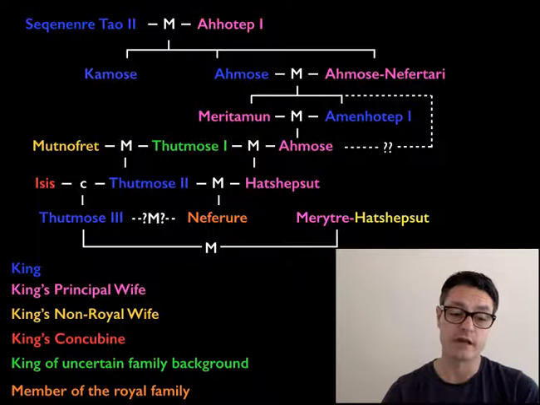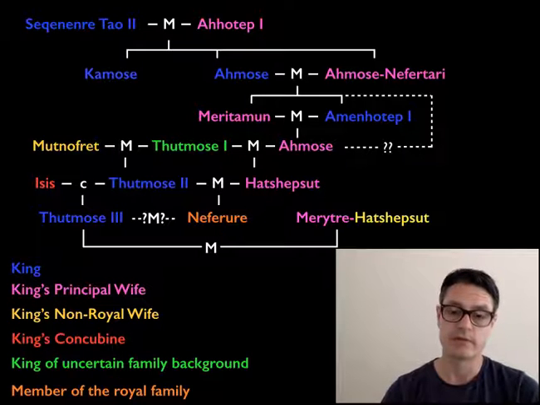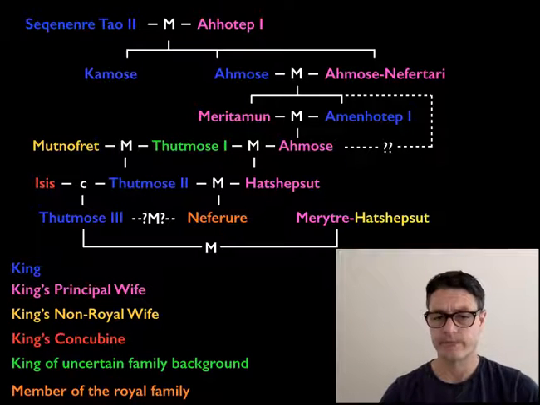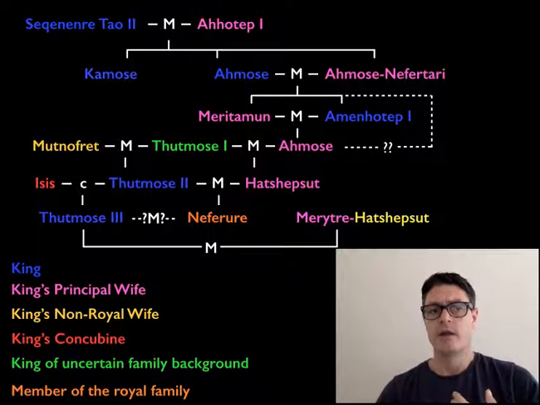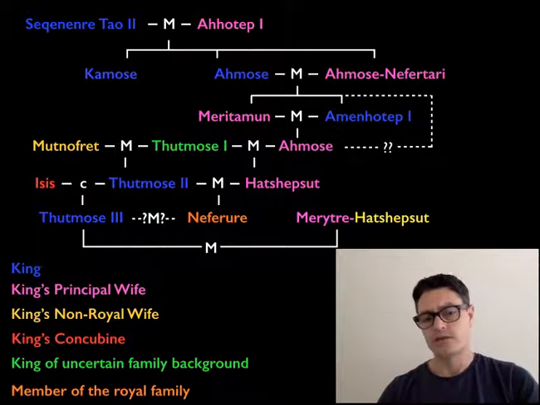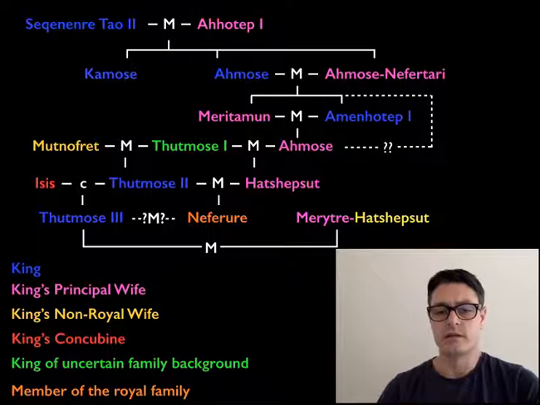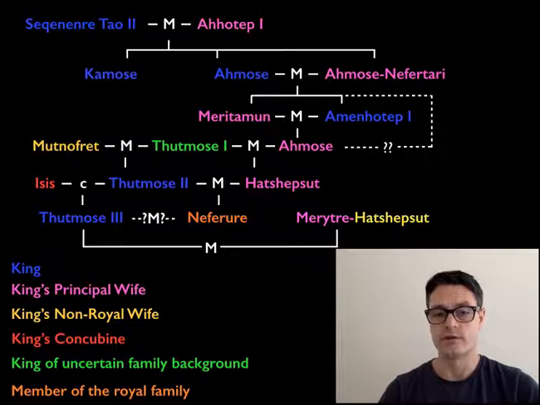One thing to note is the heiress theory, which I'll be doing another video on. The heiress theory is a suggestion by an historian called Redford that there was a matrilineal succession, so that the power behind the throne, so to speak, came down through the female line.